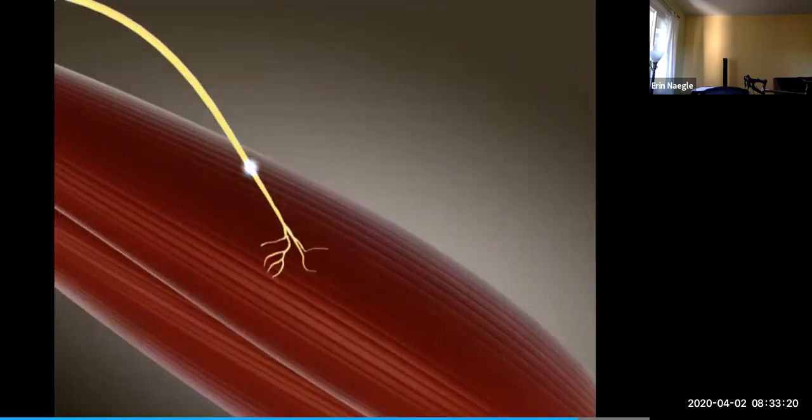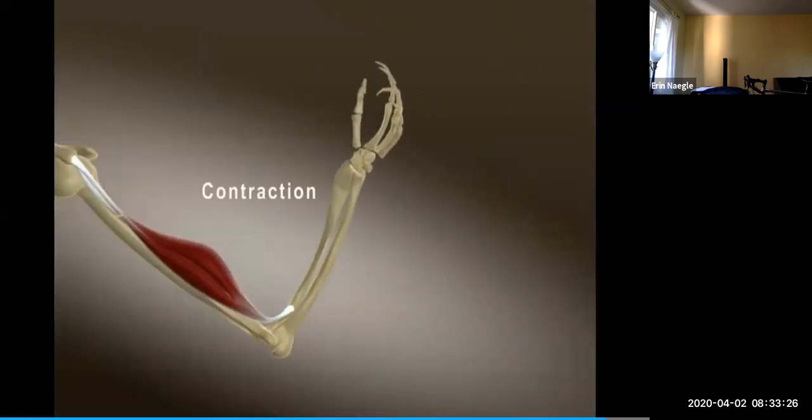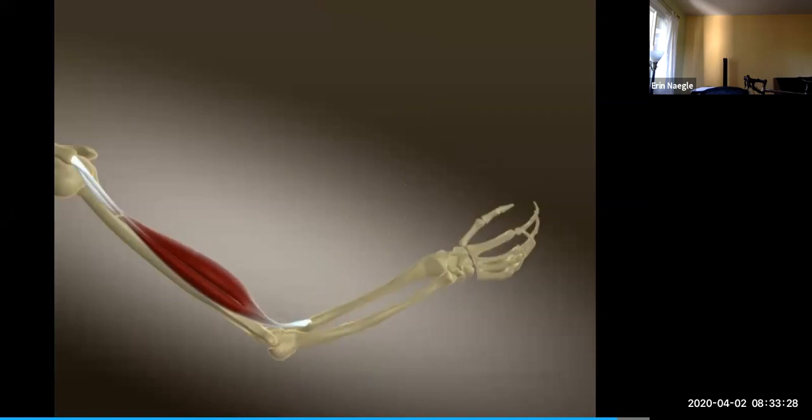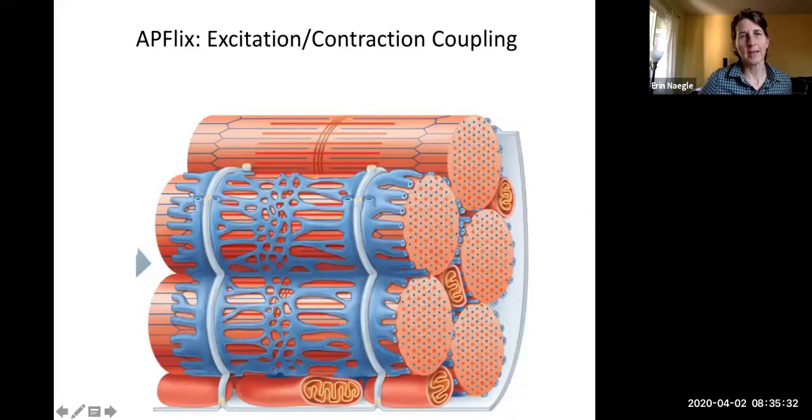Thus, calcium ions are responsible for the coupling of excitation to the contraction of skeletal muscle fibers. So that's the process of excitation contraction coupling.